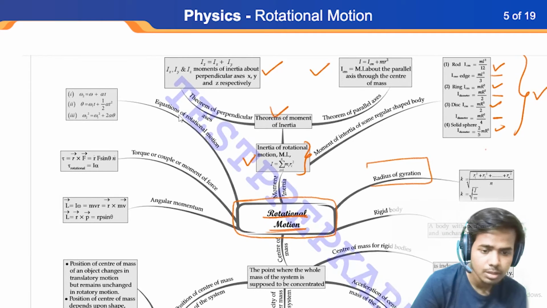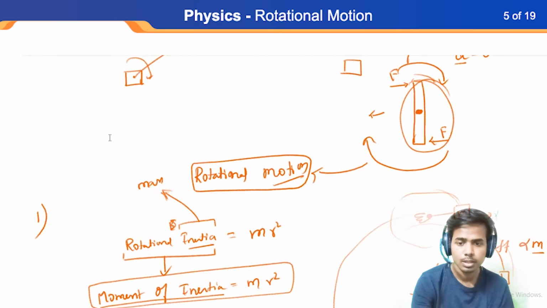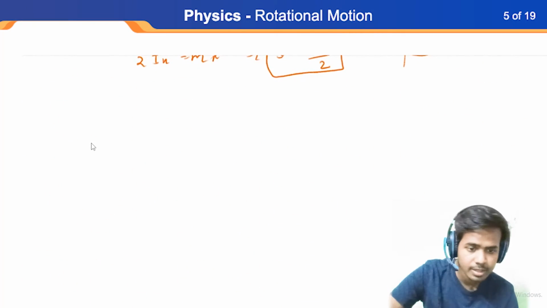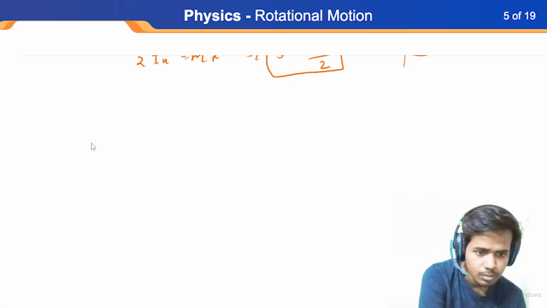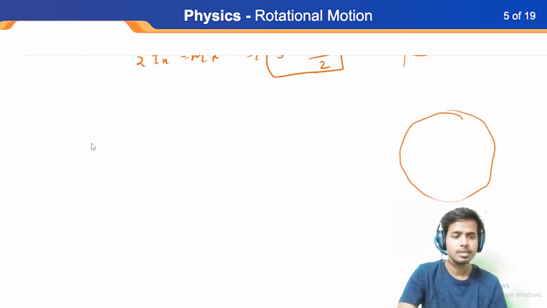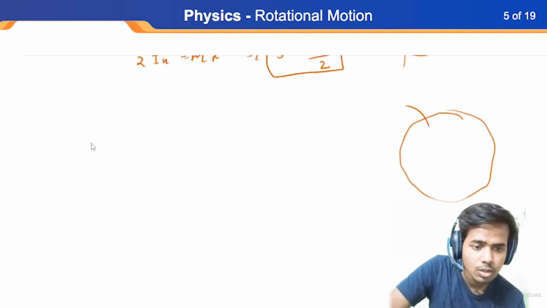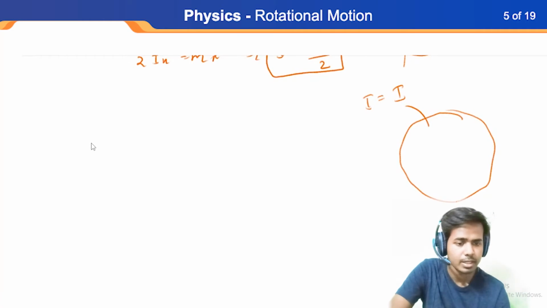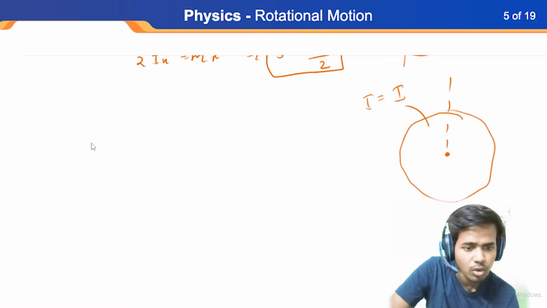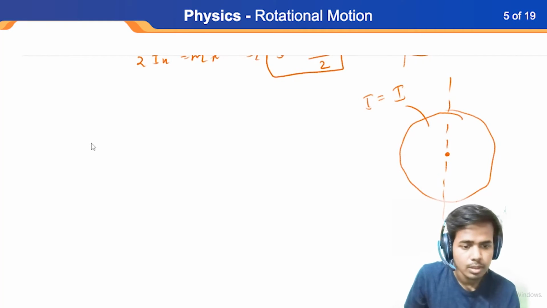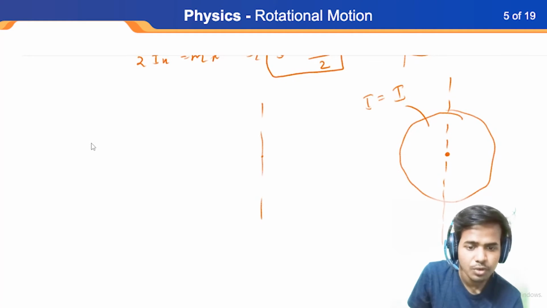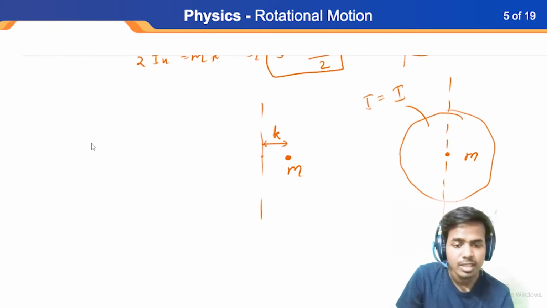Now there is this radius of gyration, or gyration, whatever you pronounce it. The simple thing about the radius of gyration is that, let's say there is this body having moment of inertia equal to I. Then what this wants me to assume is, what if there is another system in which, from the axis of rotation, there is another mass m, having the same mass as the original body, but at some distance k, such that the moment of inertia in this case is equal to the moment of inertia in this case.